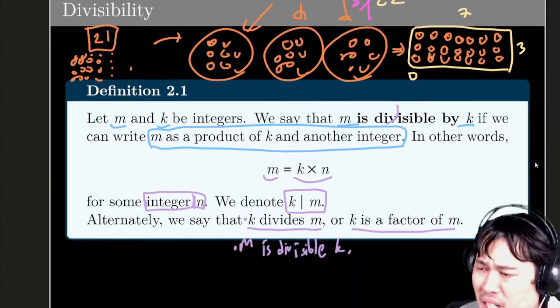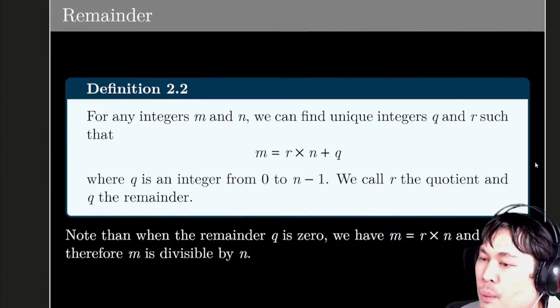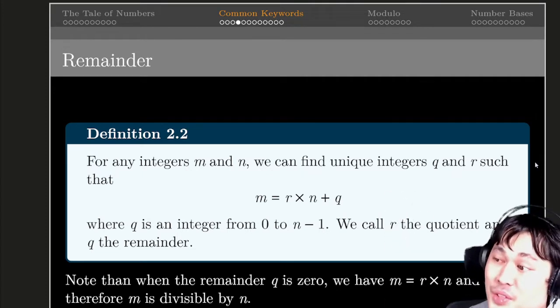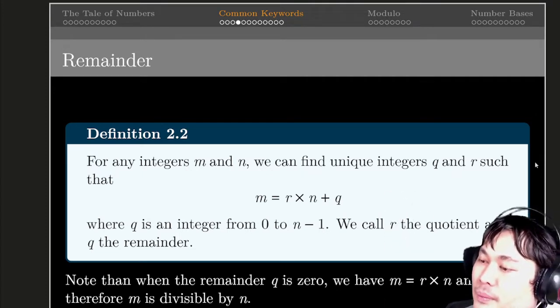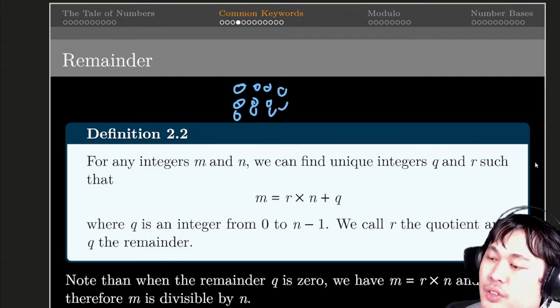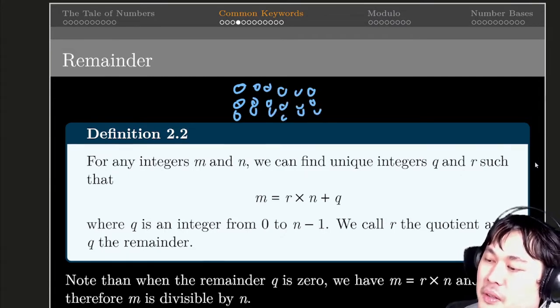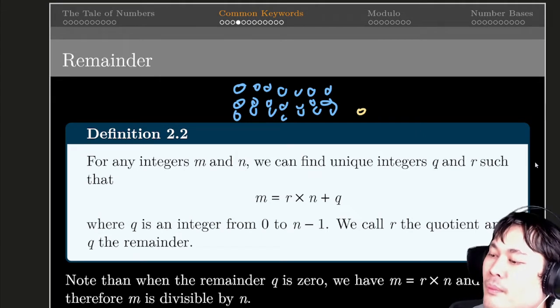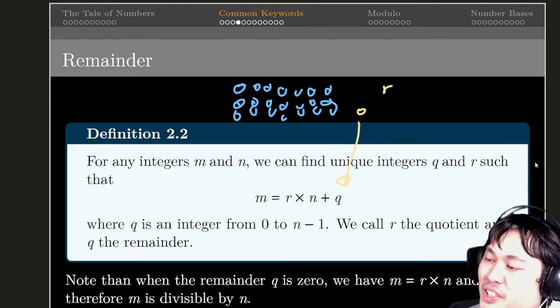If it doesn't divide, then there's going to be some leftover. Think of it visually up there. If you try to arrange 22 objects into 3 rows, you can almost get there, except you have one leftover object. And that's what we call the remainder.